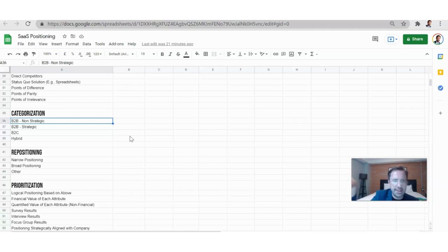The problem I see with SaaS a lot of the time is people behave by default because they're oblivious to the fact that there is such a thing as a non-strategic purchase. And so many SaaS are non-strategic purchases, okay? Things that automate your back-end office. Things like plugins for your website. So many of these automated SaaS offerings, plugins, and integrations are non-strategic.